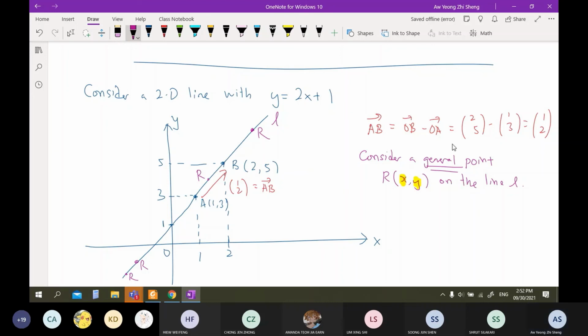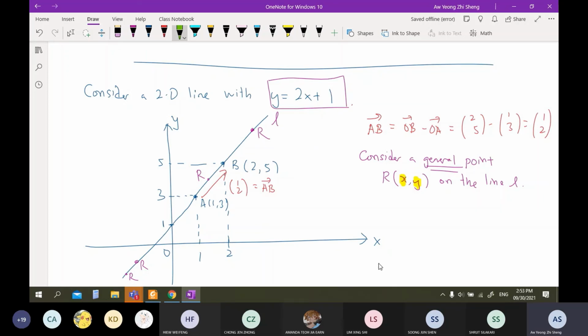Now, the equation of the line, so we know (x, y) will satisfy this equation. For example, if my R happens to overlap with B, then it is always true that 5 is equal to 2 times 2 plus 1. You can just sub in the x, y coordinates. So any general point will satisfy the equation of the line.